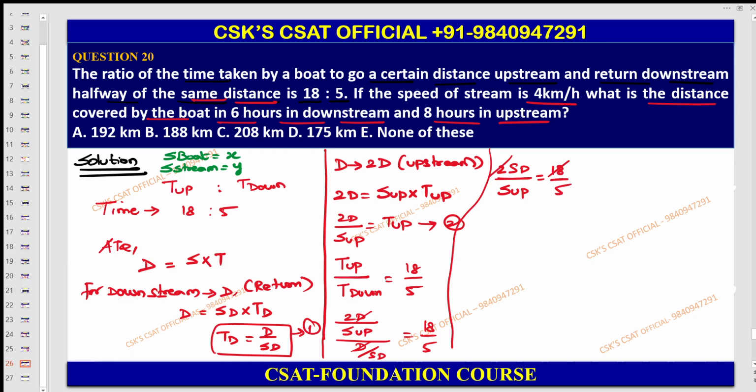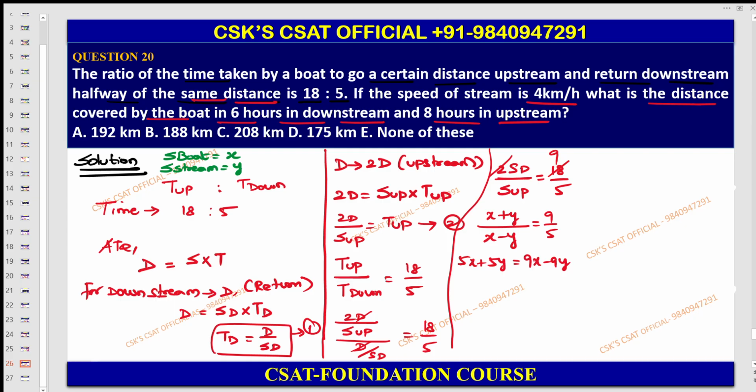Now you can further cancel here, therefore 9. What is the speed of the downstream? Downstream means x plus y, which means speed of the boat plus speed of the stream. What is the speed of the upstream? x minus y. So 9 by 5. Now you can cross multiply. 5x plus 5y is equal to 9x minus 9y.